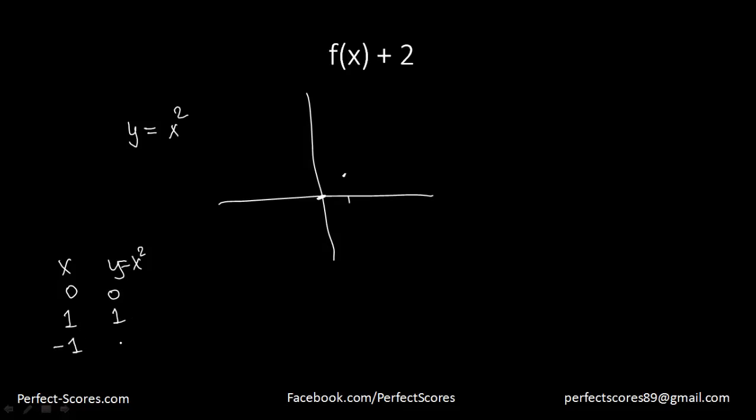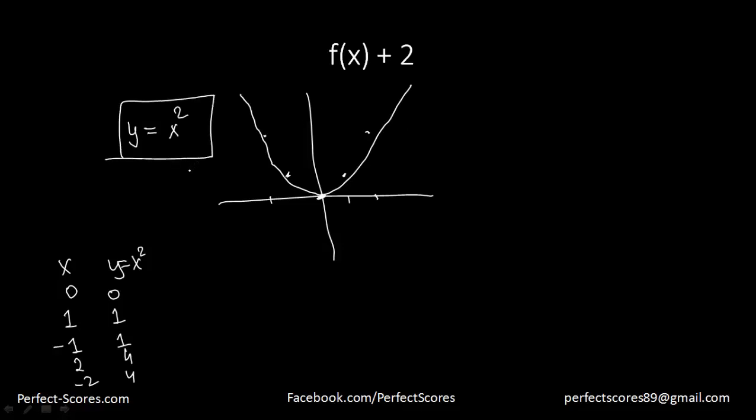When x is 2 or -2, y is going to be 4. That means the graph is going to look something like this. So this is the graph of y is equal to x square.